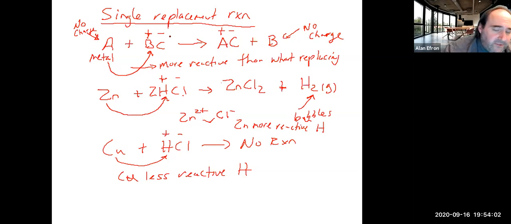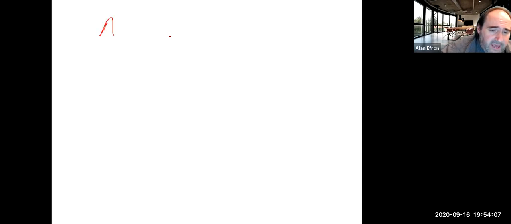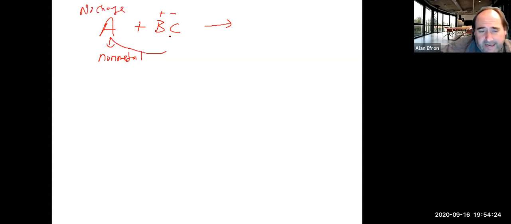It actually also happens with a non-metal. So you can have A plus BC, same setup here. This could be a non-metal. And the same thing is going to happen. The A, which does not have a charge, will come in and actually kick out the negative guy.